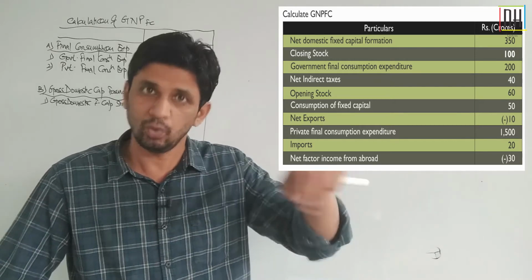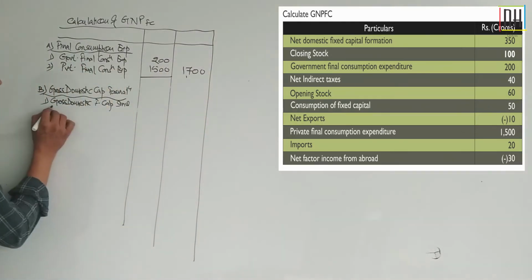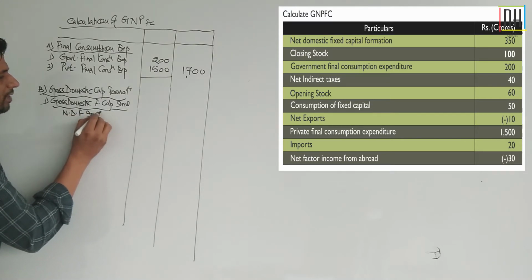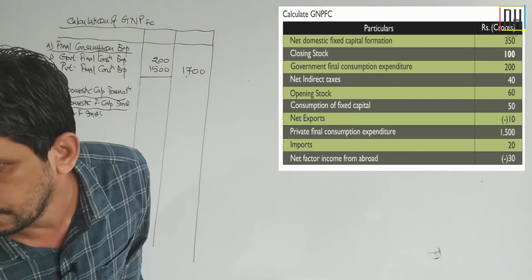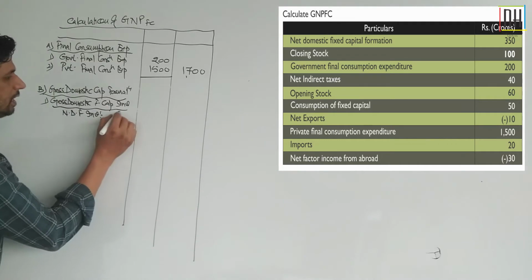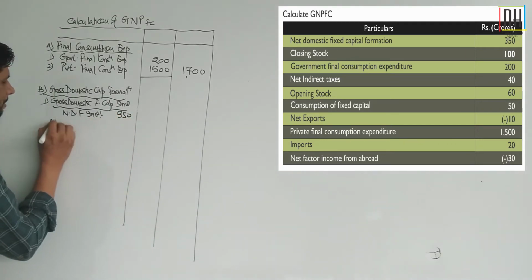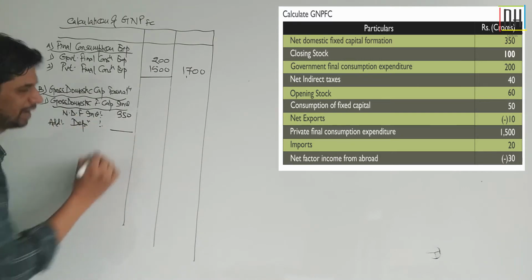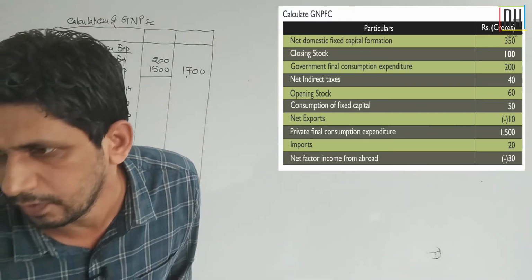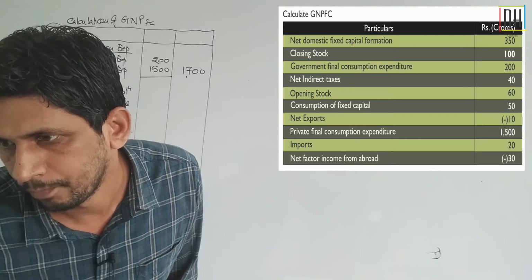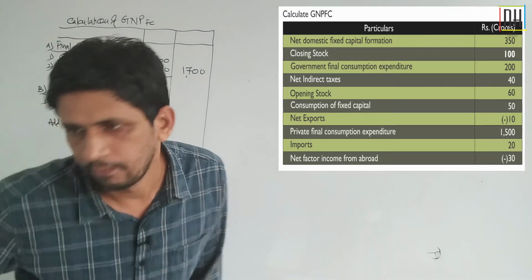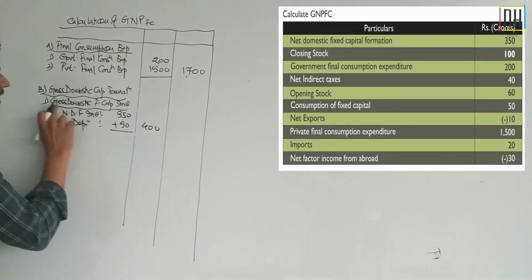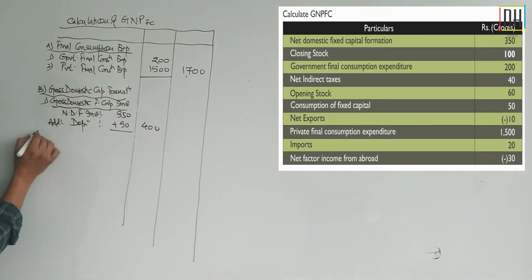So first we have to add the depreciation. Net domestic fixed investment is given, which is rupees 350. So we will add depreciation to make it the gross value. Depreciation is rupees 50. So it will be 400. 400 is the value of gross domestic fixed capital formation.